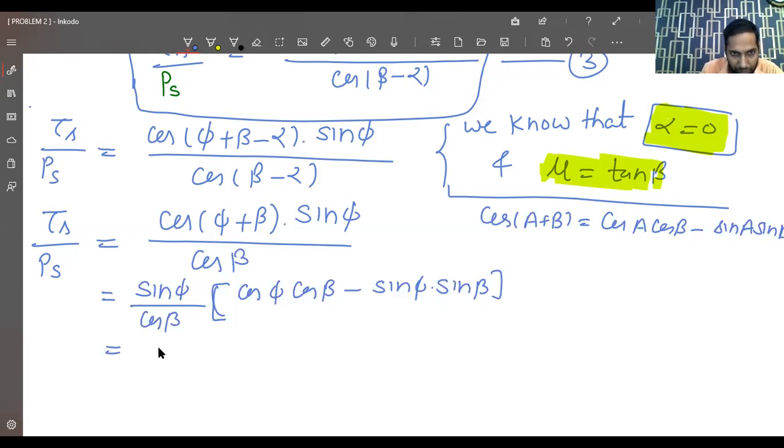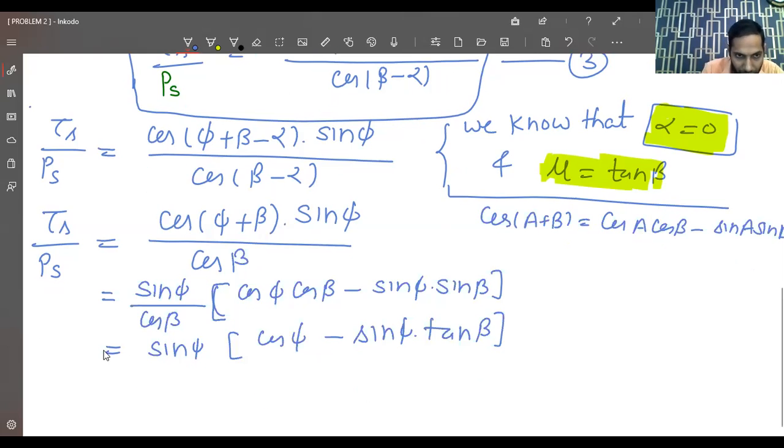so it will become sin phi bracket into cos phi minus sin phi into tan beta. Okay, into tan beta.